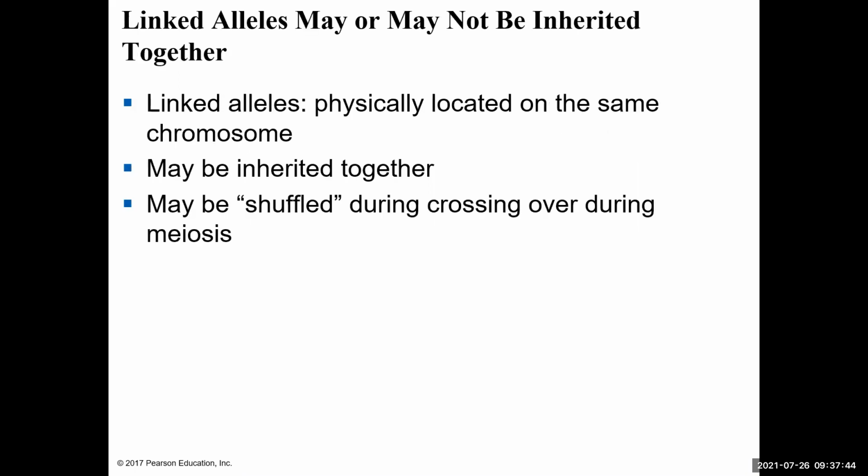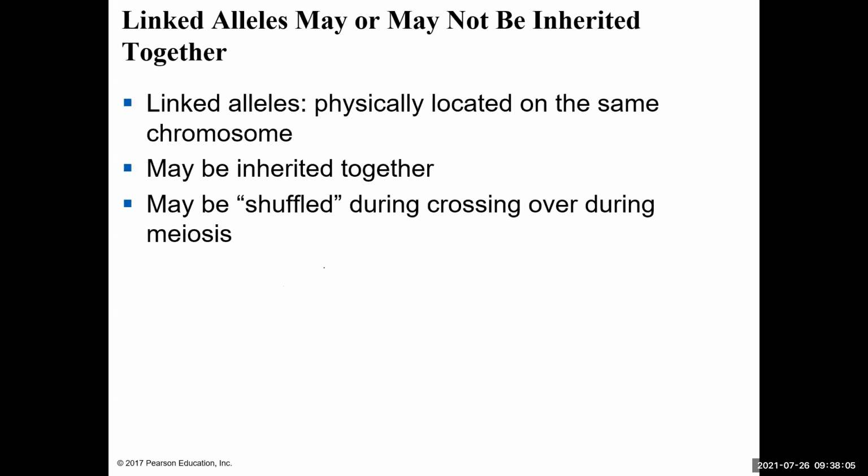There are also genes that can be linked together, and so they can be inherited or not inherited together. And so linked alleles are basically when they're located on the same chromosome. So for example, we were talking about earlier, we were looking at hairline and attached ears.